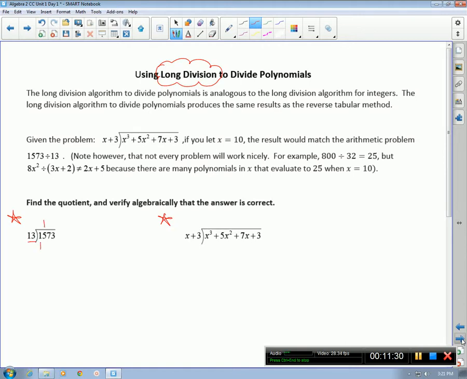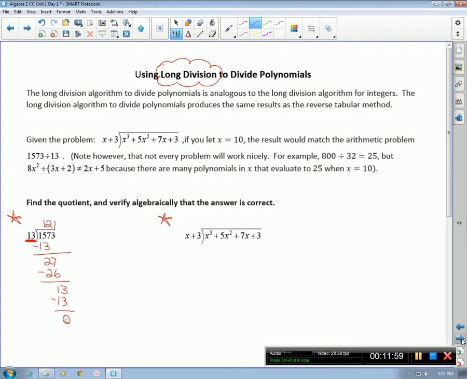And then we multiply and subtract and bring down. And then we start over. 13 goes into 27 twice. We multiply, subtract, and bring down. And we start over. 13 goes into 13 once. Multiply, subtract, and we're done. And look, we got a factor.